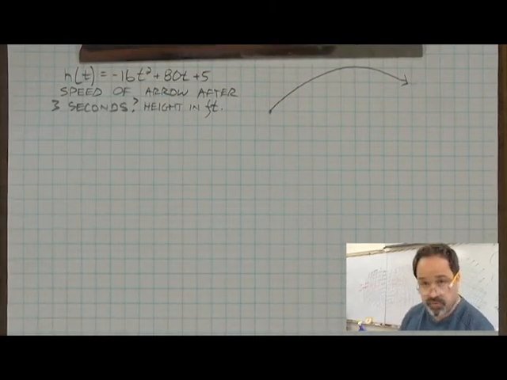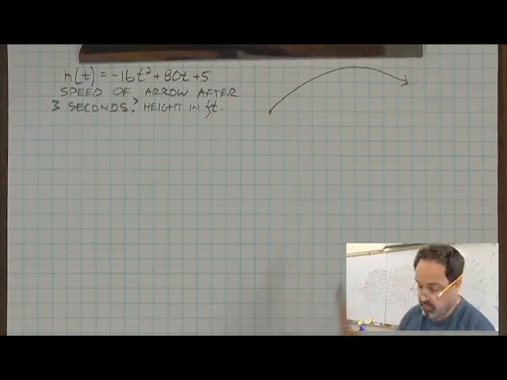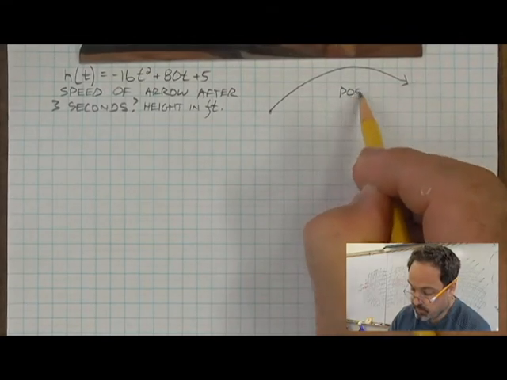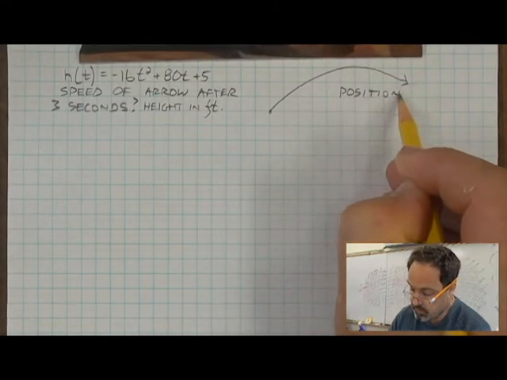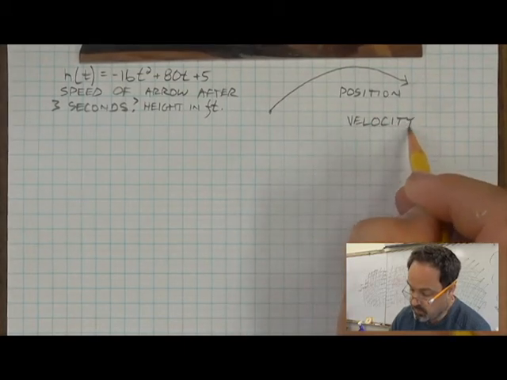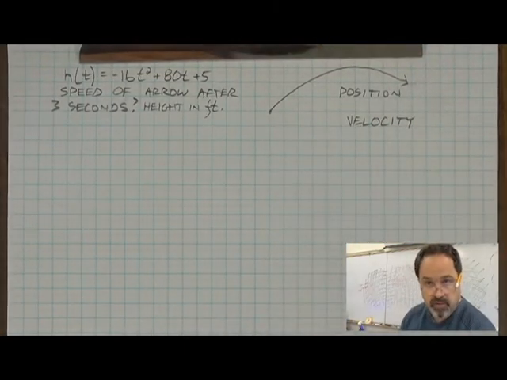What's the relationship between velocity and position? From previous lessons, we know that position and velocity are related. That means that if we have information of one, we can use it to get the other.